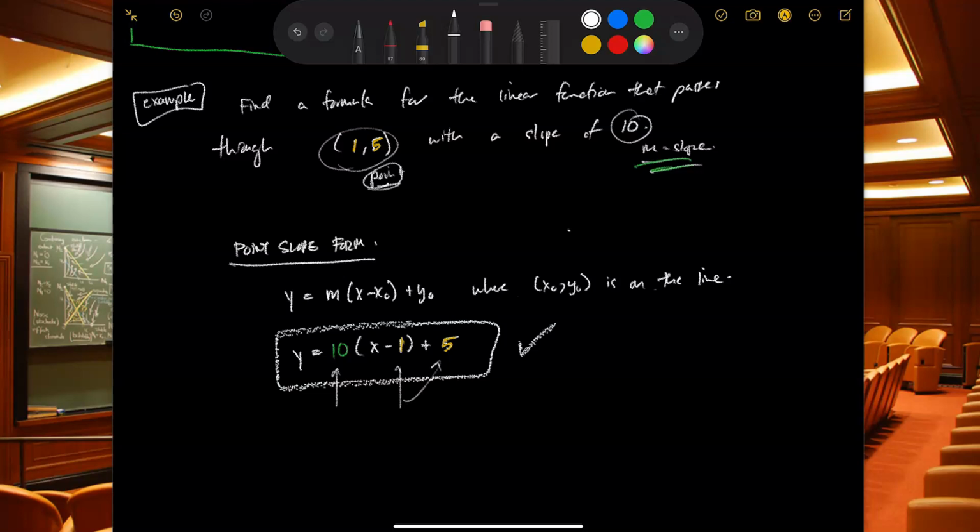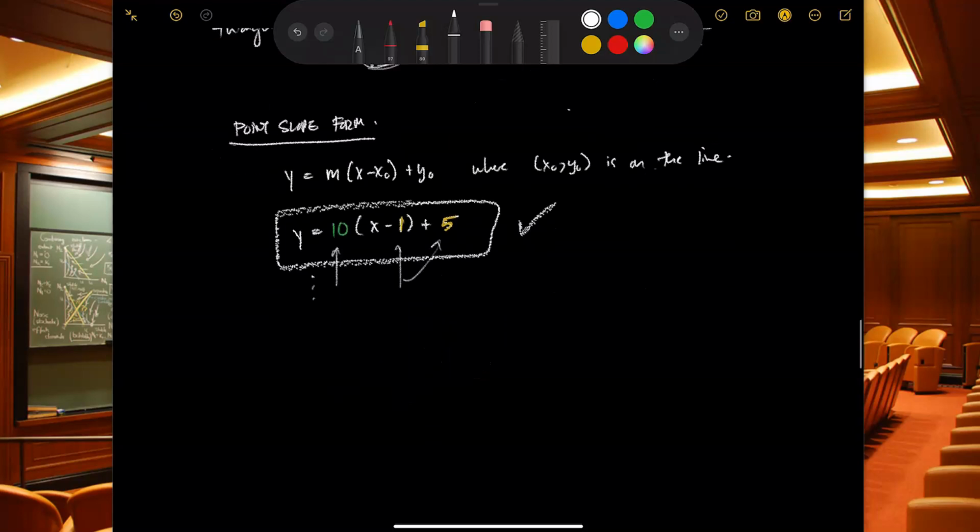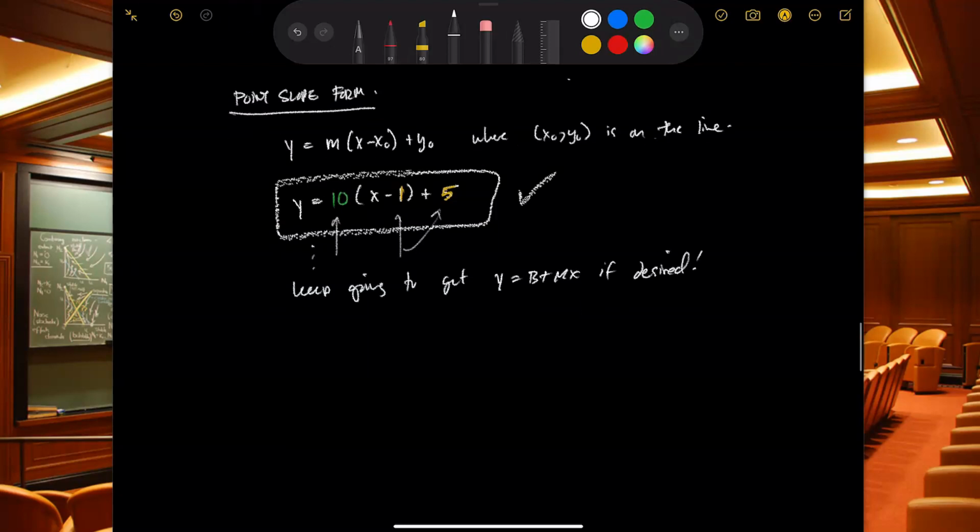And I can also now manipulate this if I really want y equals b plus mx form. I have options. I can do that. So what I could do is keep going to get y equals b plus mx if desired. Not always called for, right? So don't just kick in your muscle memory here, but you could say, well, let's carry out this operation here.